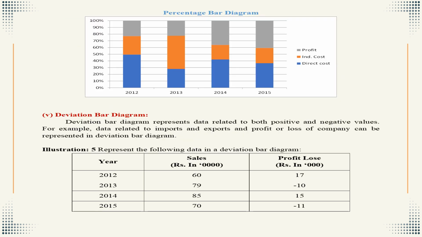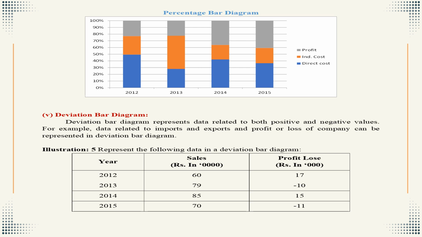Here the percentage bar diagram is well prepared, and the diagram shows different bars for different years, 4 bars have been given, and with equal length representing the percentage character. Let us see the first one, 2012. The profit margin is represented in gray, and the gray is very small in 2012 when compared to 2015.